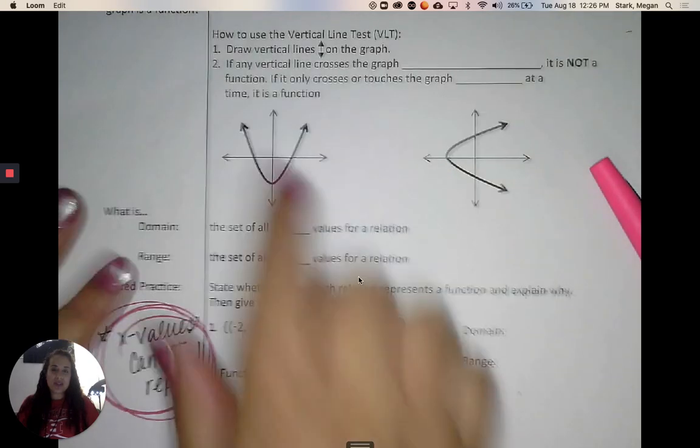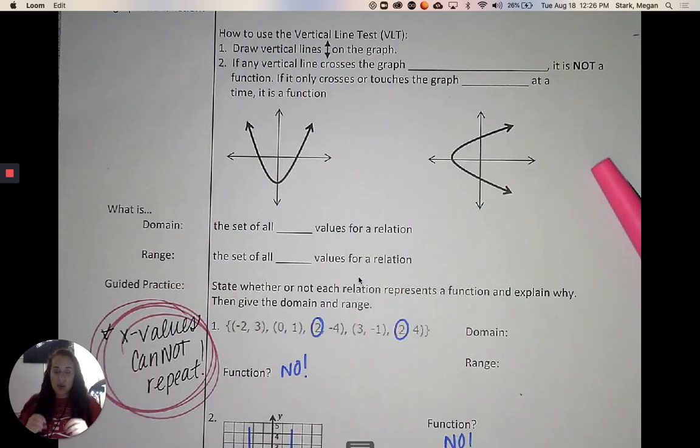So previously we talked about what is a function. We defined a function as a set of x values that can only match up to one set of y values, right? So now we're going to look at this other thing called domain and range.